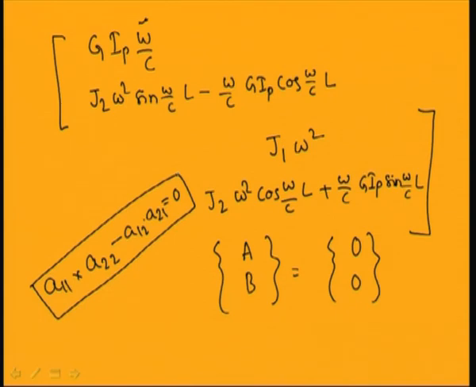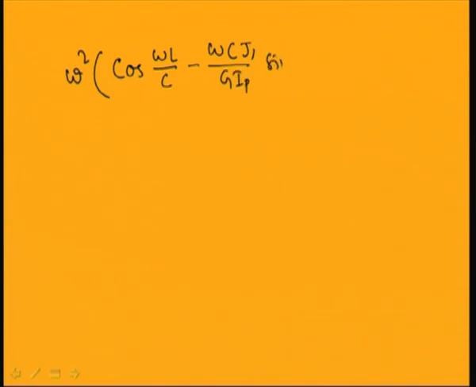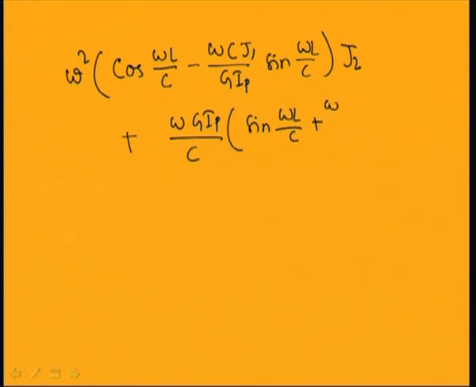So, the final expression will be omega square into cos(omega L by C) minus omega C j1 g I p sin(omega L by C) into j2 plus omega g I p by C into sin(omega L by C) plus omega C j1 by g I p cos(omega L by C).